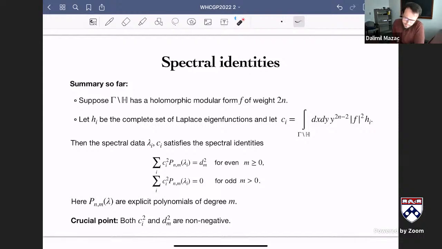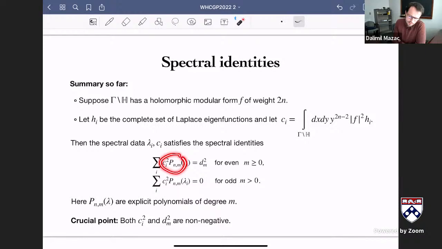Then this data, the spectral data I've explained, satisfies some infinite number of spectral identities, which take the following form. So we are summing over all of the Laplace eigenvalues i of Ci squared times some polynomial, and this is either equal to something positive, some dm squared for even m, or to 0 for odd m.